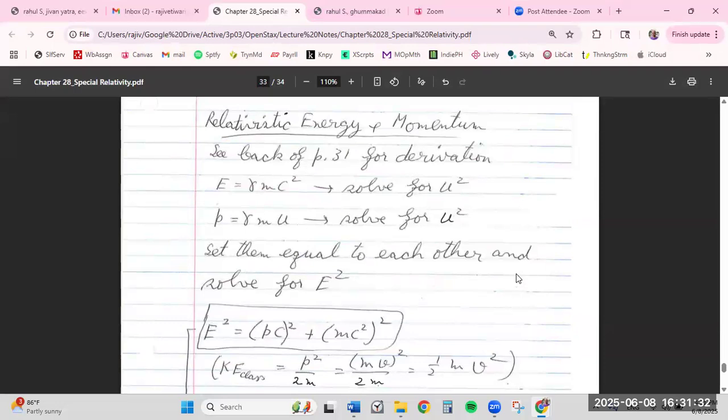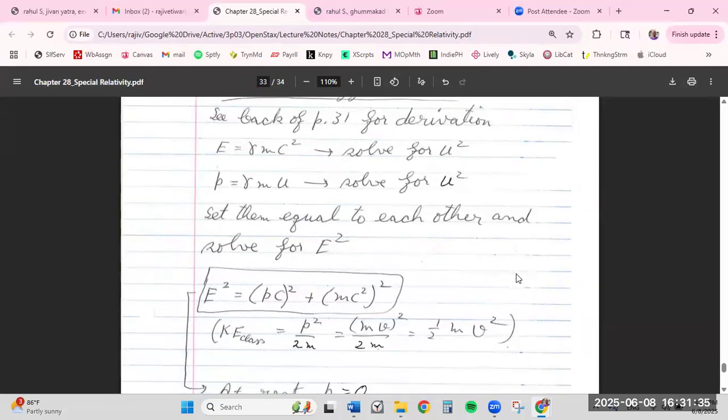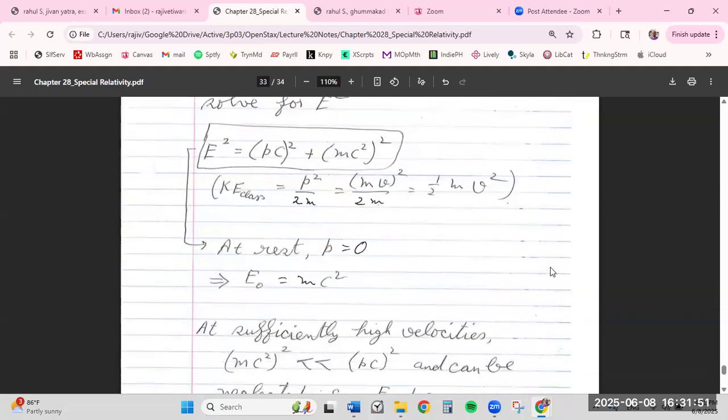Now, after some complicated algebra, it can be shown that the square of the total energy is equal to (pc) squared plus (mc squared) squared. Anyway, this is not really relevant, but in classical physics, the classical kinetic energy is momentum squared over 2m, p squared over 2m.